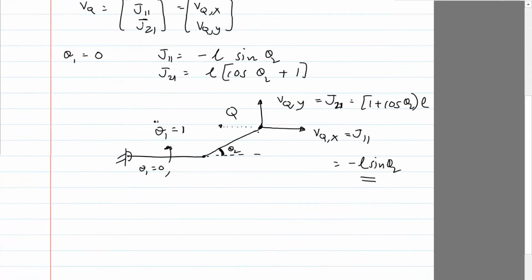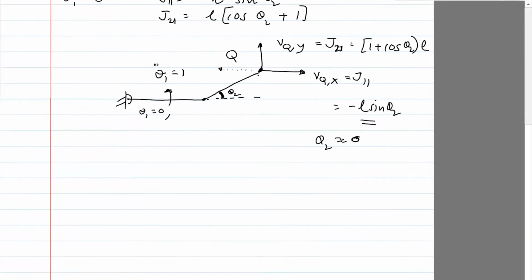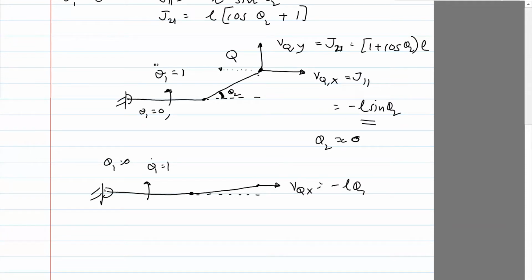So let's just make it even more simple. Let's just make theta 2 close to 0, so we get the intuition right. I'm going to do this and then make this very small. Same thing, theta 1 dot equals 1. And then we can say that VQx is now minus L theta 2, because theta 2 is close to 0.